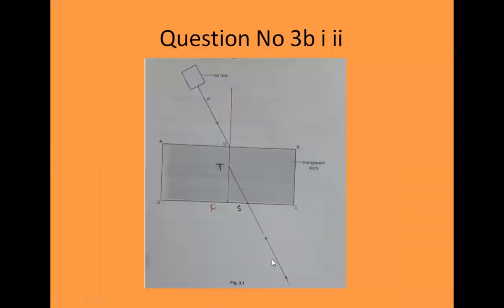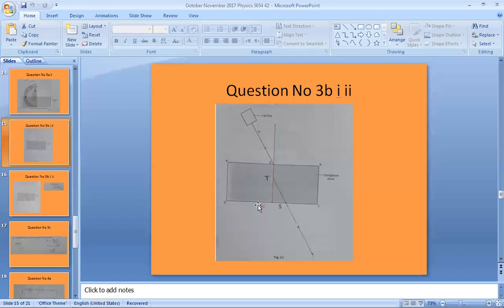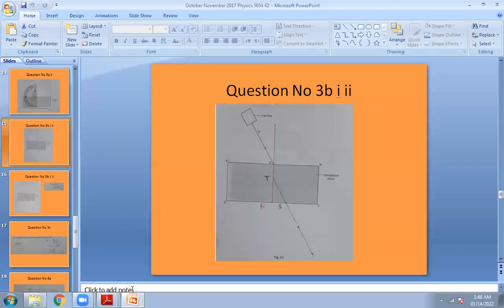Here are those crosses, and I will join them and prolong that line until it crosses the normal. Where it crosses the normal, I name that point T, and where it crosses the CD face, I named it S. Hopefully you understand.